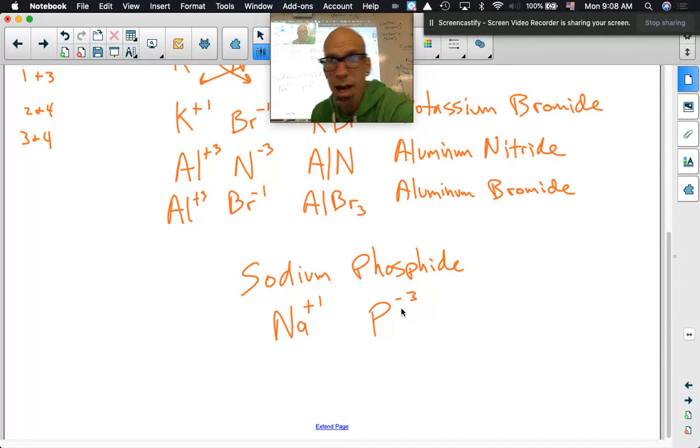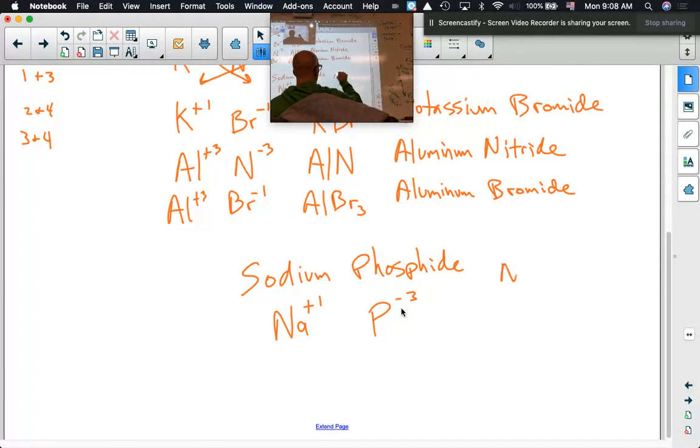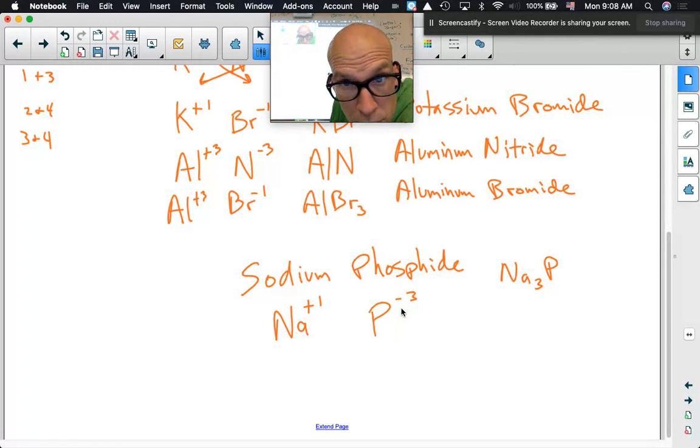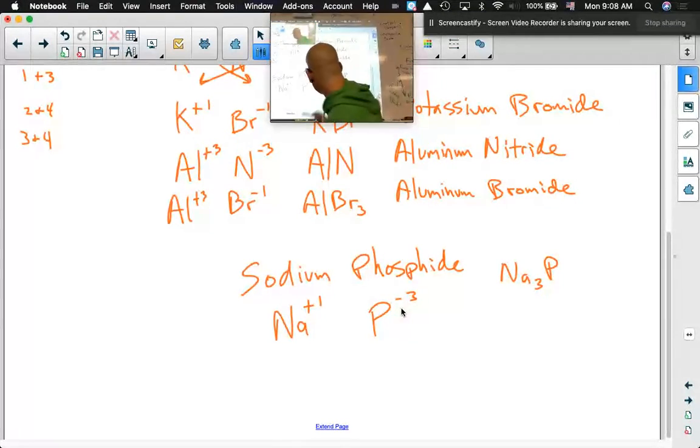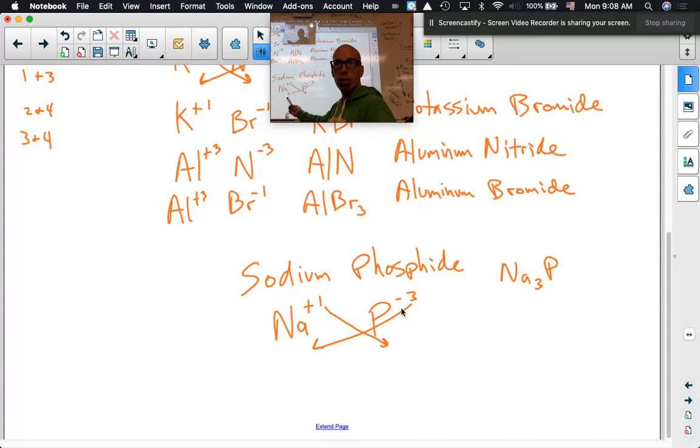So the formula has to be Na3P. Now, remember, this also works. If you take the 3 down here and the 1 over here, that means we need only 1 phosphorus and 3 sodiums. So by crossing them over, it'll tell you what your subscripts have to be.